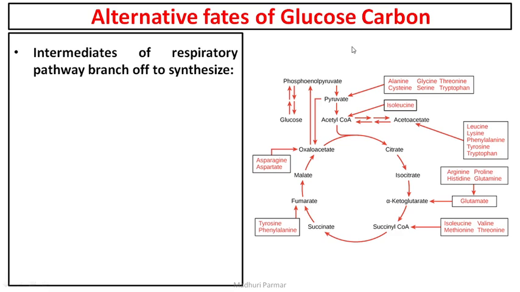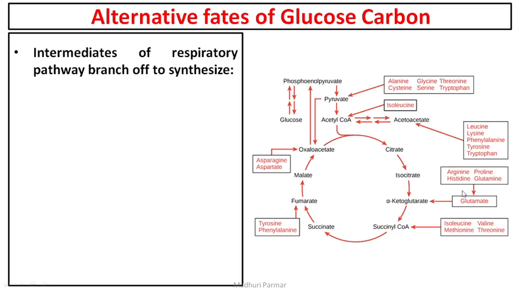What is happening to the carbon present in the glucose, apart from glycolysis and TCA? Here, just for your information, not to mug up, I have shown you all the different amino acids like alanine, glycine, threonine. All of these can form pyruvate and vice versa. Pyruvate can form these amino acids as well.